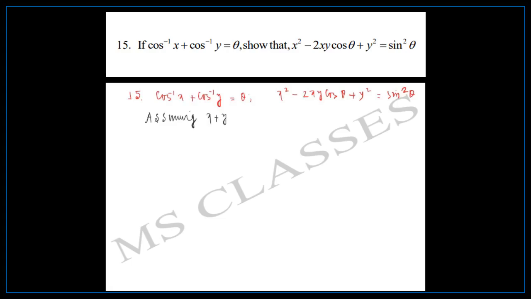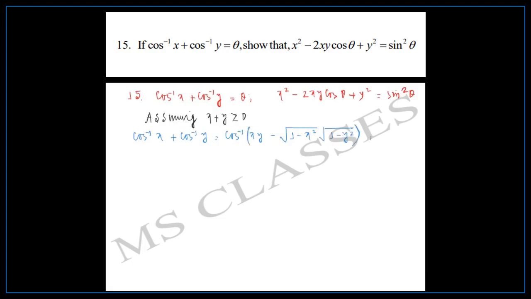Since cos inverse of x and cos inverse of y exist, automatically these values will lie from -1 to 1. We are applying this formula: cos inverse of x plus cos inverse of y equals cos inverse of xy minus under root of (1 minus x square) into root over of (1 minus y square).